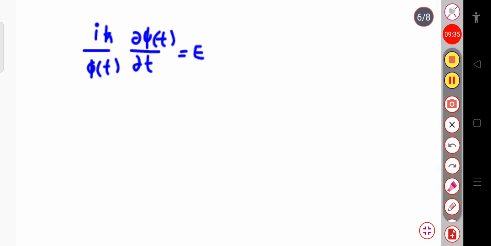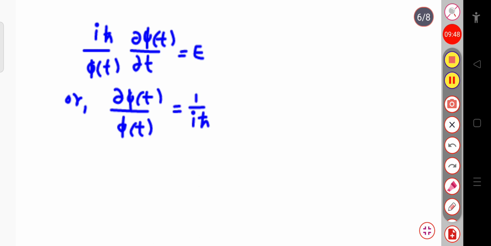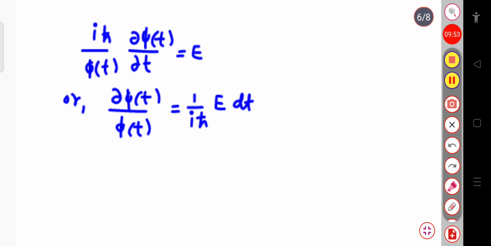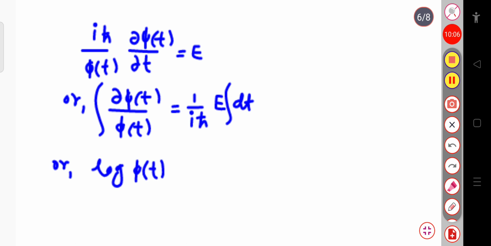Or dou phi of t divided by phi of t is equal to 1 by i h cut into e into dt. Now if I integrate both sides, this is log phi of t equal to e by i h cut, these are constants, into the integration over dt, which is t.